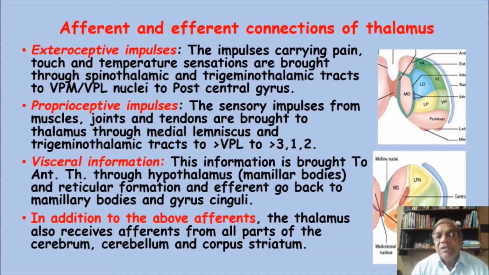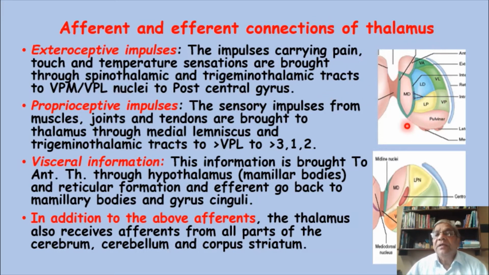The spinothalamic tract brings pain, touch and temperature from the whole of the body below the neck, while the trigeminothalamic tract brings pain, touch and temperature from the head and neck region, and they ultimately terminate in the ventral posteromedial and ventral posterolateral nuclei. Let us see where they are situated.